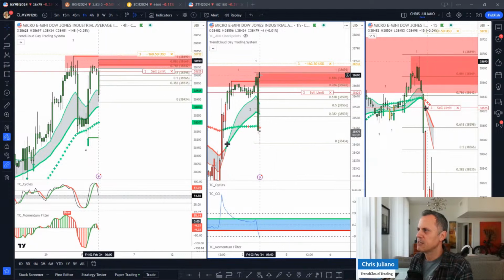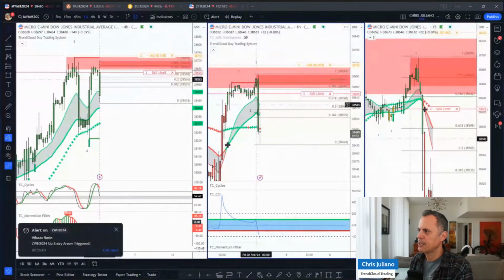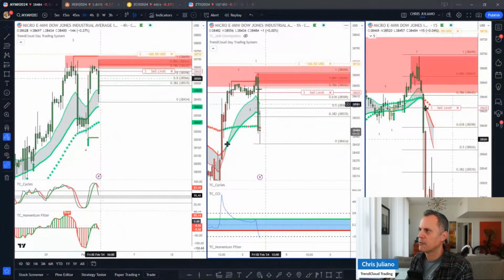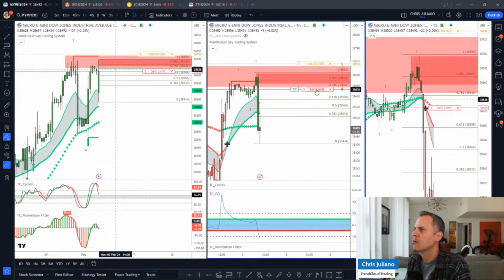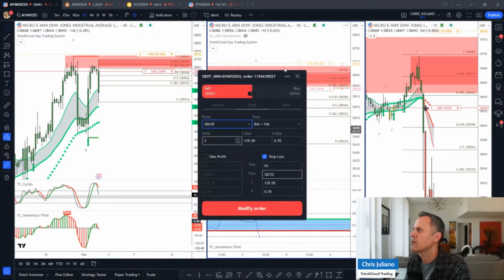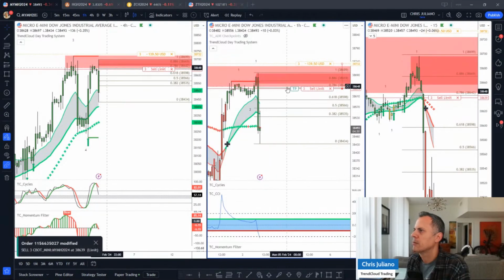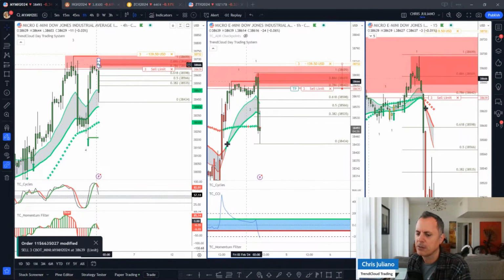What you do is you take your Fibonacci tool from swing high to swing low, and you can take your entry at the 618 retracement level. We happen to have our 1 hour supply zone inside of the 4 hour curve.